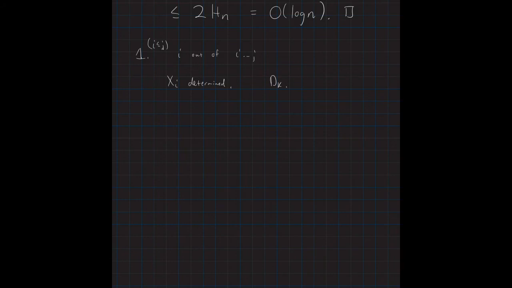So if xi is determined, we couldn't have anything to the right of j or to the left of I. So if we picked an index that was, say, I minus 1, and so our range was I minus 1 to j, well, it could be the case that the pivot was I minus 1, in which case we'd recurse on this section. And so xi's truth, whether xi is 0 or 1, is determined later, which again contradicts the fact that dk is the point where it's determined.